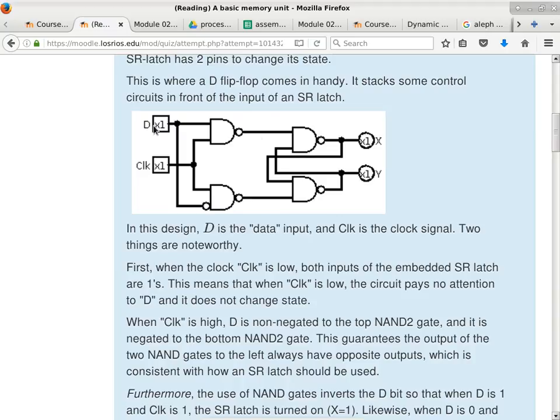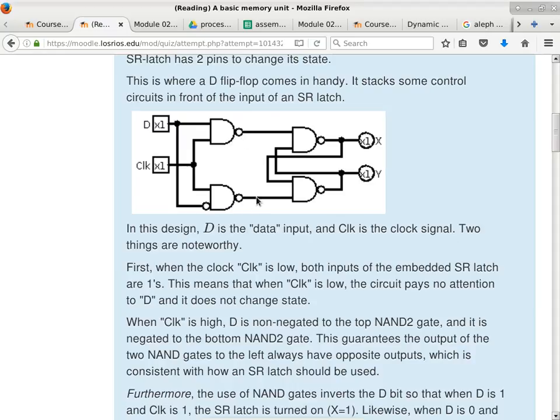With the bottom one, when D is a 1, the bottom is going to be a 1 because this is negated, right? So that means what's going to happen? When D is a 1, we are setting this signal, which we also know as Q. When D is a 0, this is going to be a 1, but this is going to be a 0.